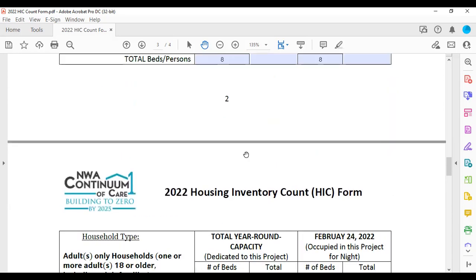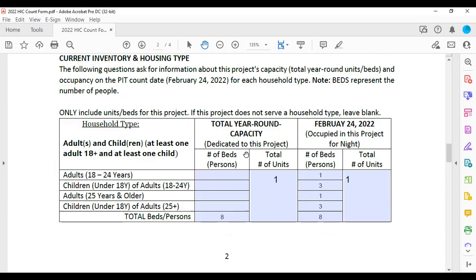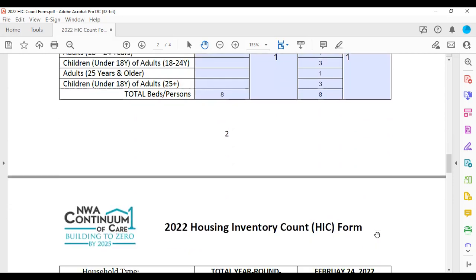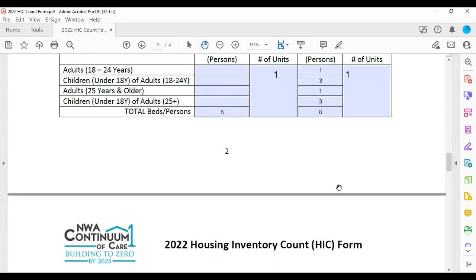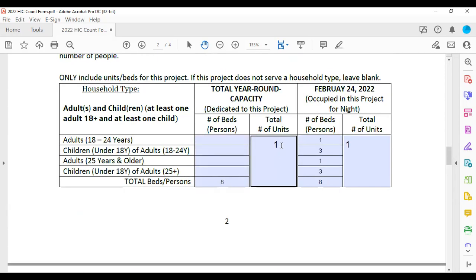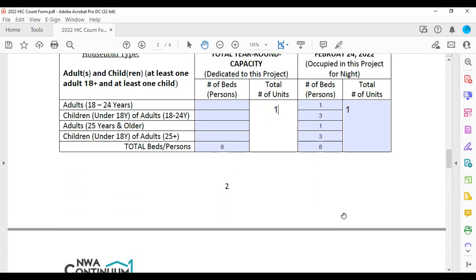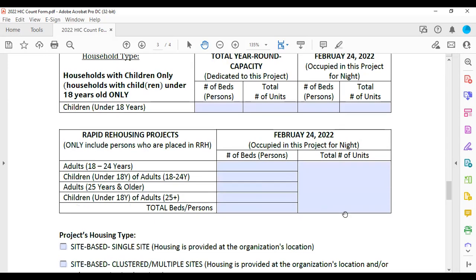Any questions about this as far as the household type, what information you put in here and where you put it? The units then would be the program as a unit, right? Right, because you're looking at the family room as a separate program unit. So you have congregate shelter at one site, and we'll go down here.